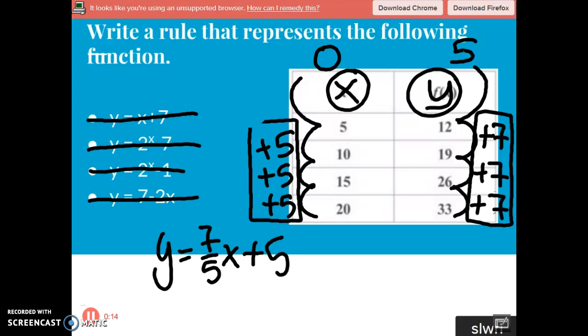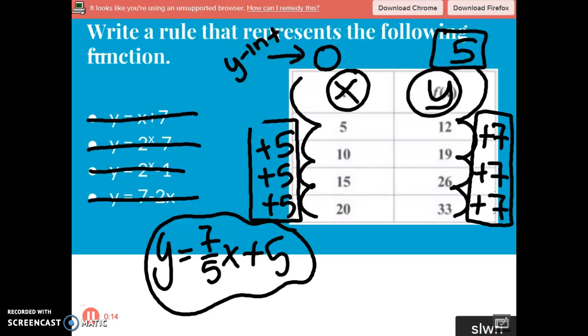So our y-intercept is 5. So the equation is 7 over 5x, which is our slope, plus 5. Hey, this is a linear equation. You tricked me. I thought we were talking about exponents.